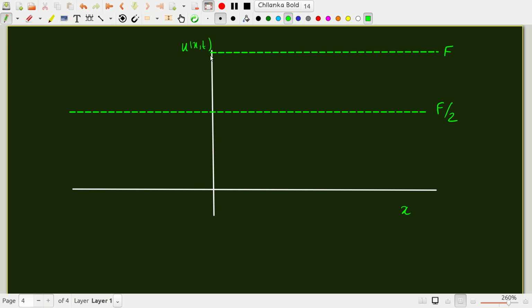Now at time t equal to 0, it's 0 here, so let me draw all the solutions for time t equal to 0. It's 0 up to here, and then it takes the value of f. As time increases, for small times, it will look like this.